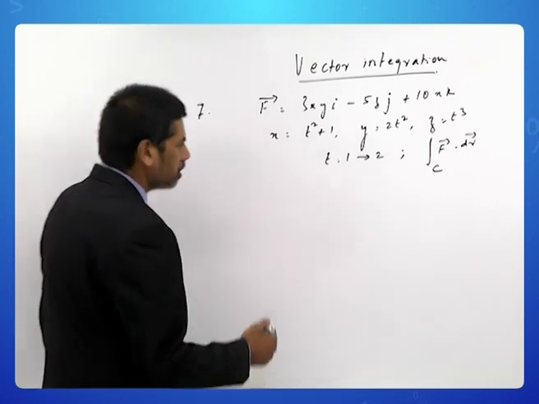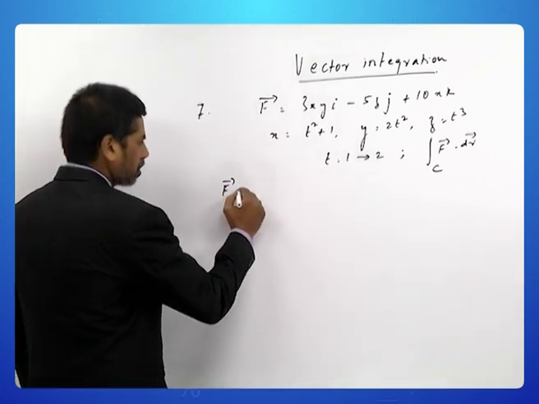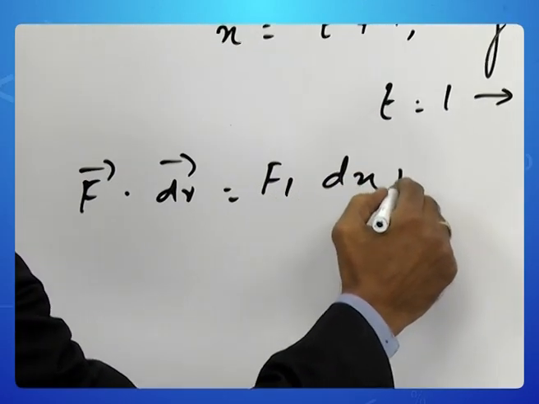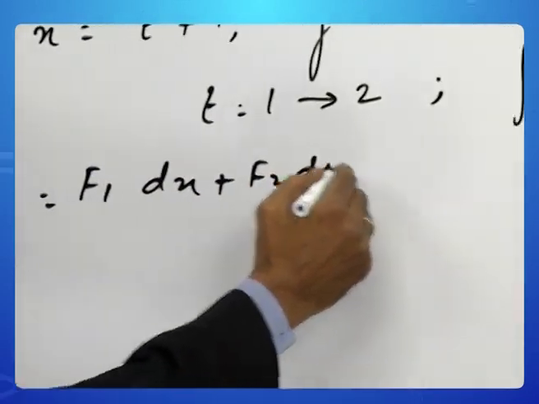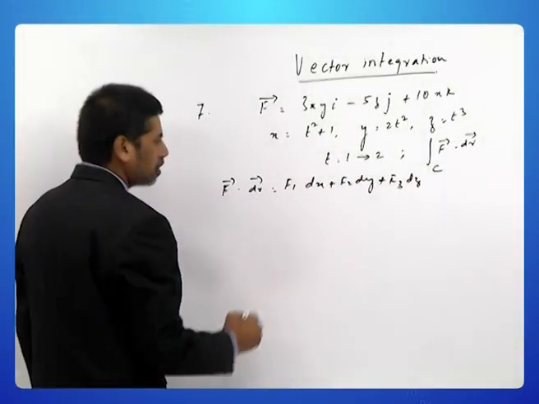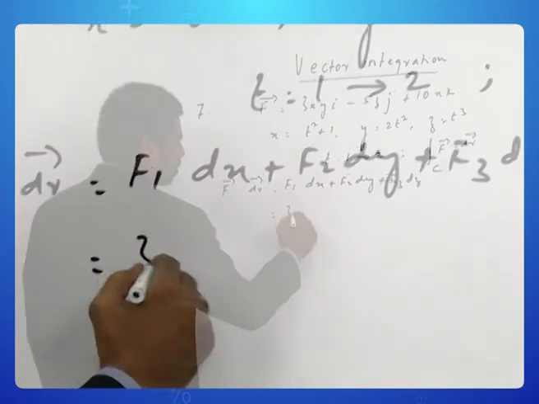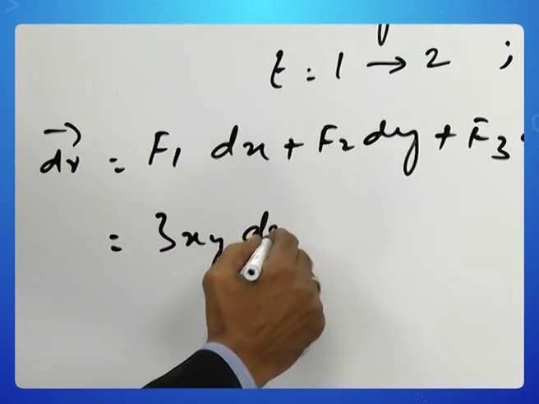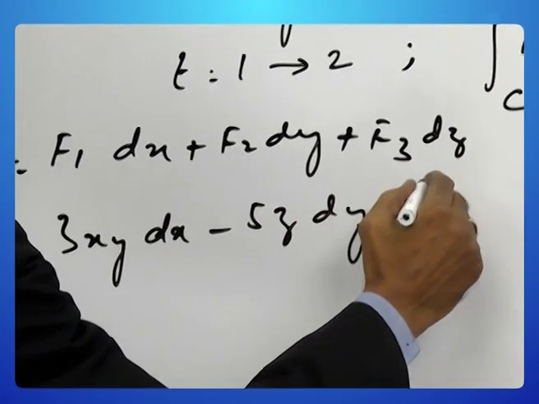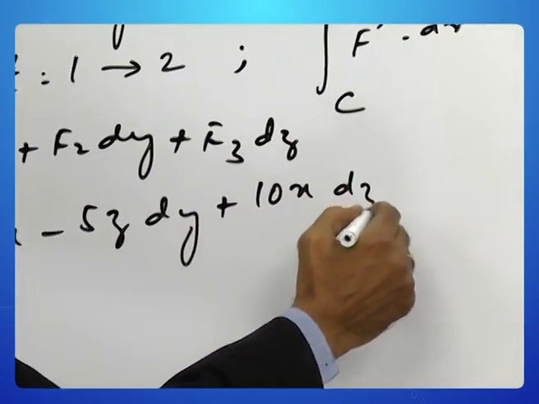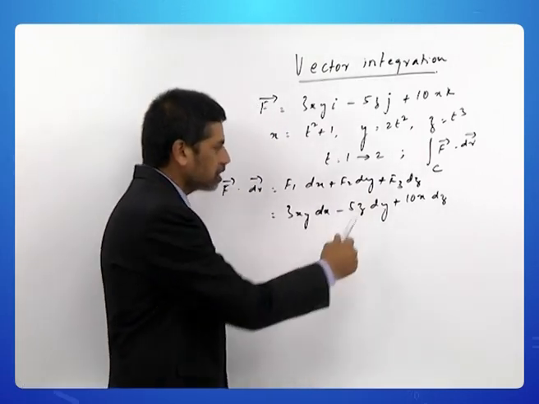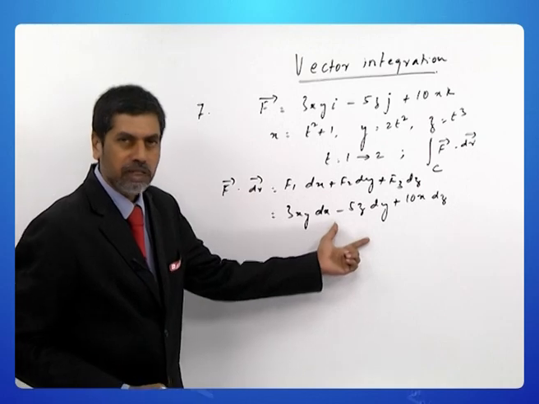So, f dot dr is f1 dx plus f2 dy plus f3 dz, that is 3xy dx minus 5z dy plus 10x dz. Now, we will have to convert this function in terms of the parameter t.